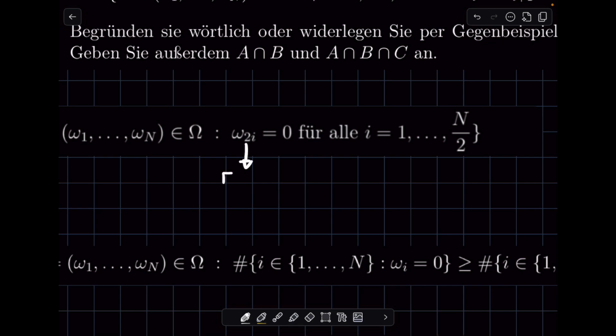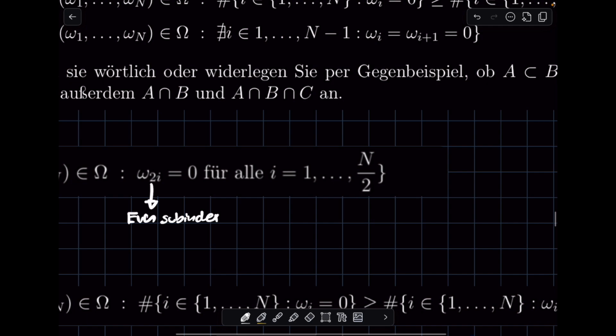So it's just saying even sub-index. Or it's equal to 0, meaning that all even sub-indexes are equal to tails. Sorry, to heads. Gosh, I always get confused.